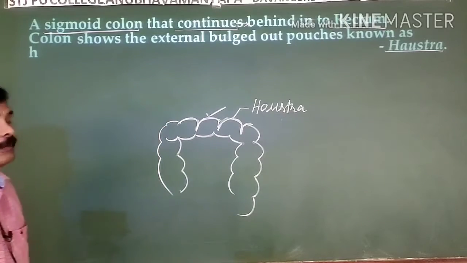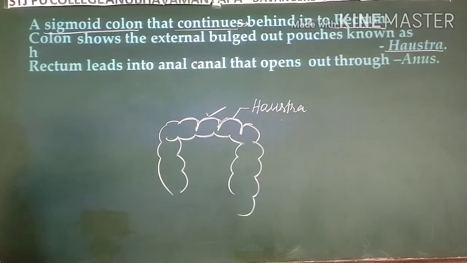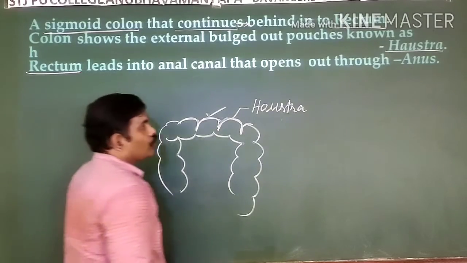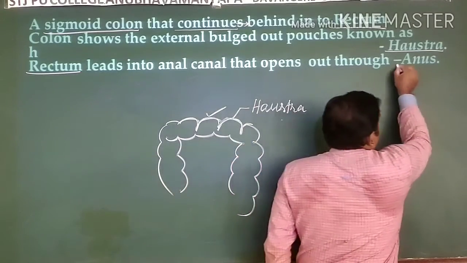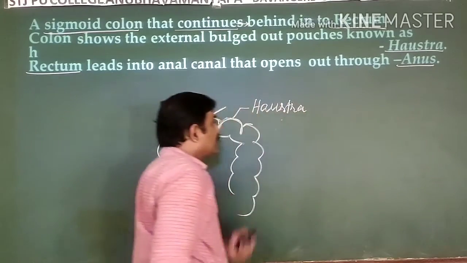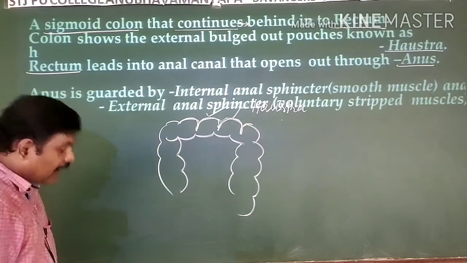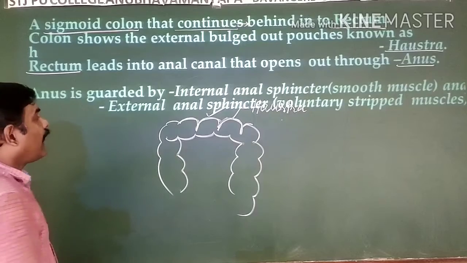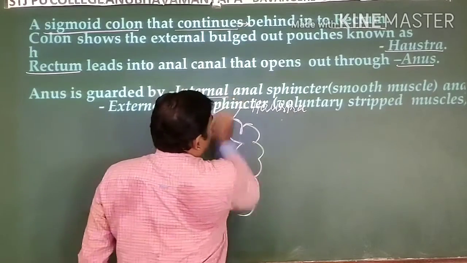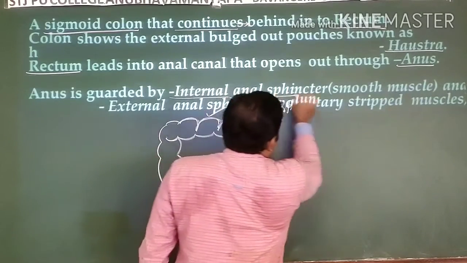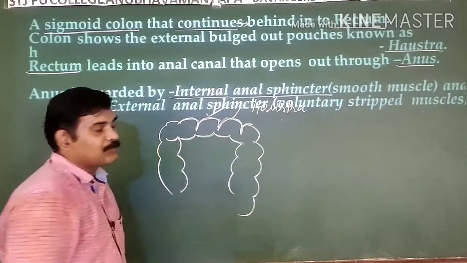Clear? And next to this, the rectum opens out through this anus. And this anus has two sphincters. One sphincter is the internal sphincter, which we call the internal anal sphincter.